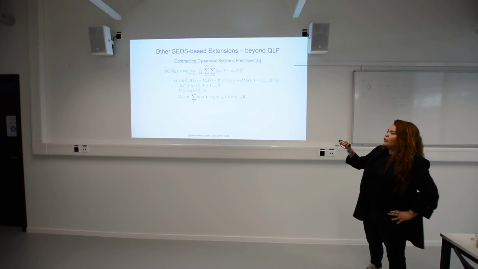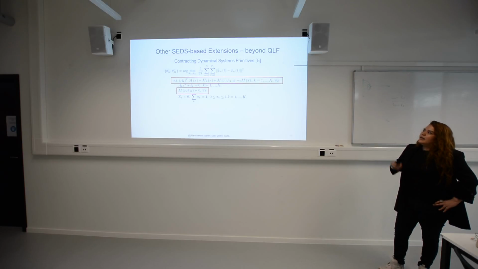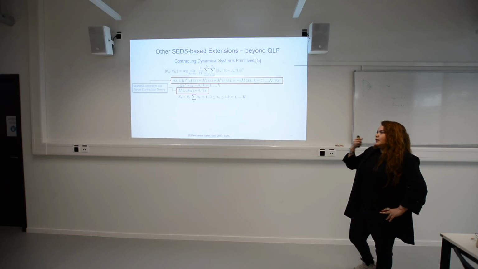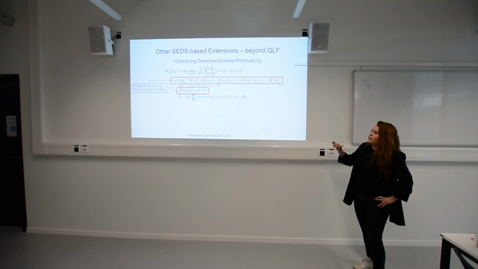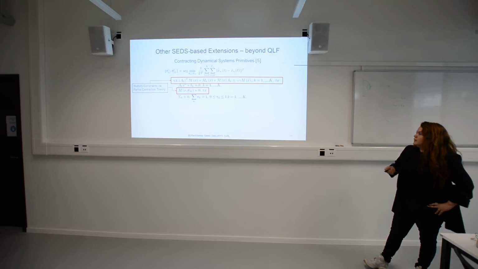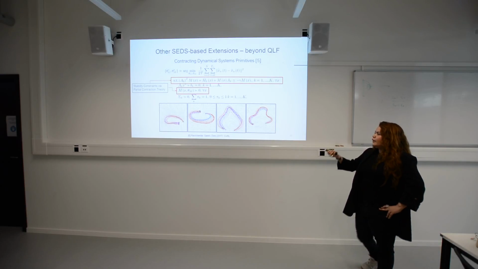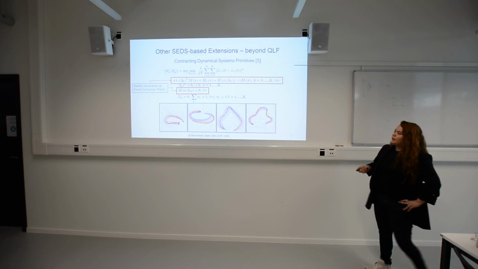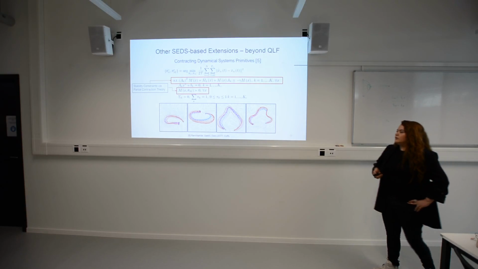Everything is the same except for the stability conditions. Instead of using quadratic Lyapunov functions or the parameterized one, they use partial contraction theory, and they have this other set of constraints. And they're able to reproduce nonlinear motions that go far away from the attractor as well.